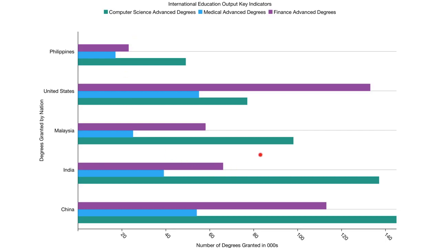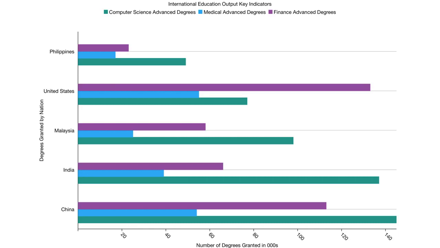So now we've looked at the chart and we know what we're looking at. So up here, we can draw a line down, and so that's probably 22, 25, something like that. 30 is going to be here in the middle. So halfway in the middle is probably going to be 25. So the Philippines, as far as finance degrees, are putting out about 25,000 a year.